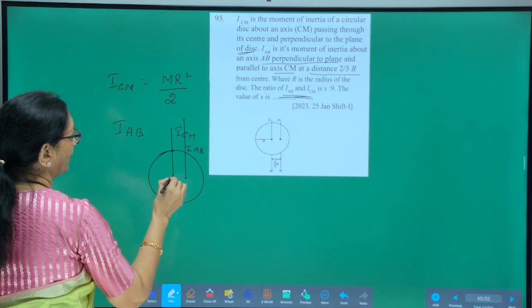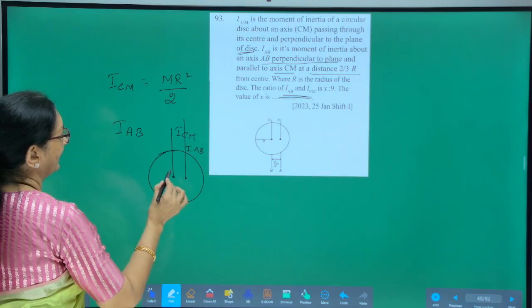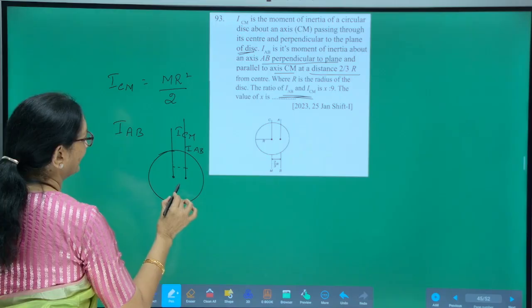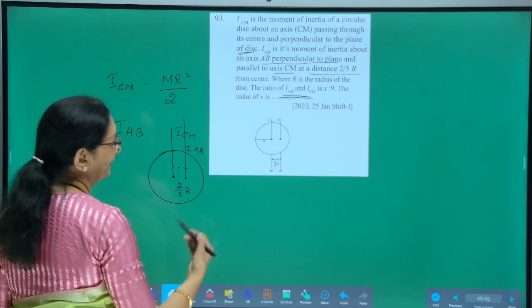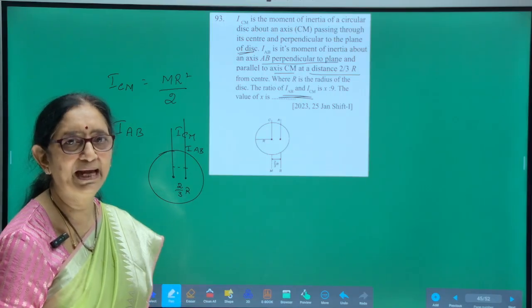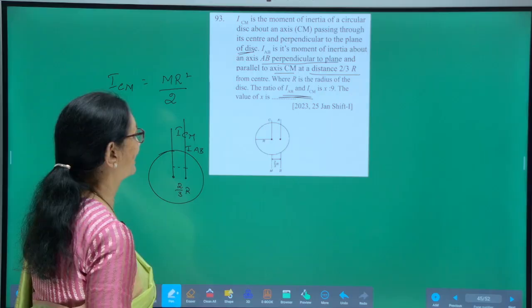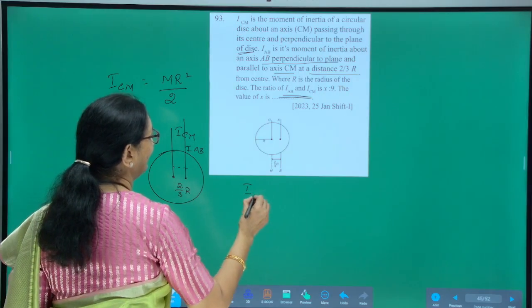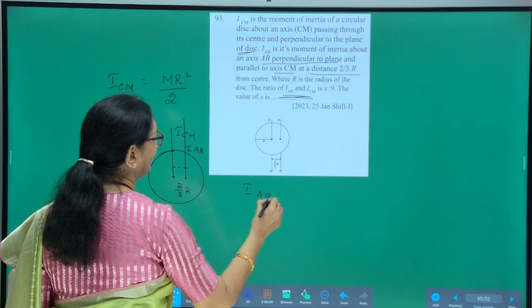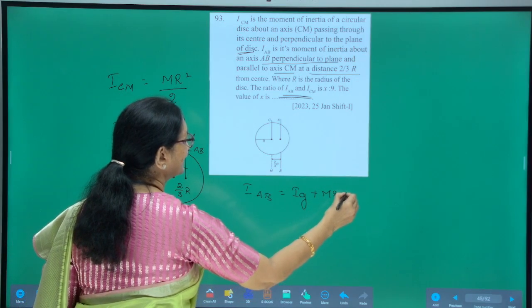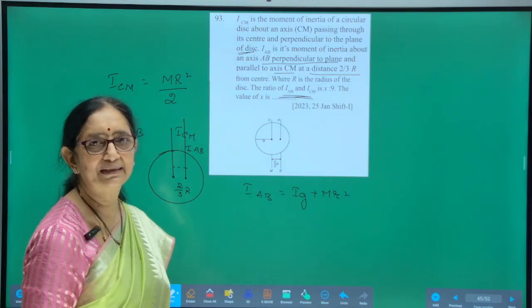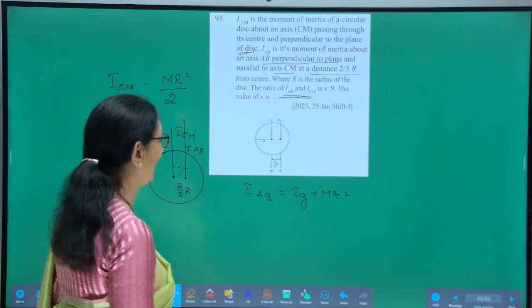This axis is also perpendicular to the plane, but it is at a perpendicular distance 2/3 r. So, here we can comfortably apply the parallel axis theorem to find IAB. It is equal to IG plus mr square, where r is the perpendicular distance between these two axes.